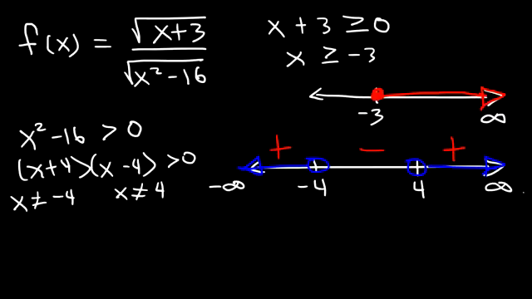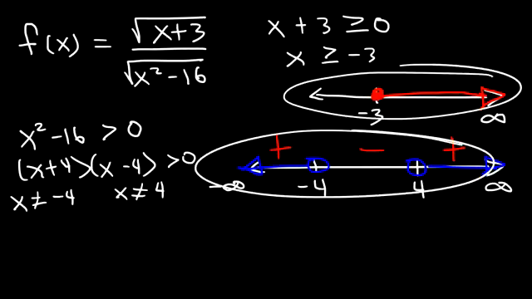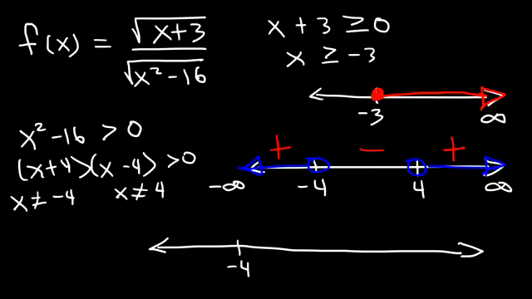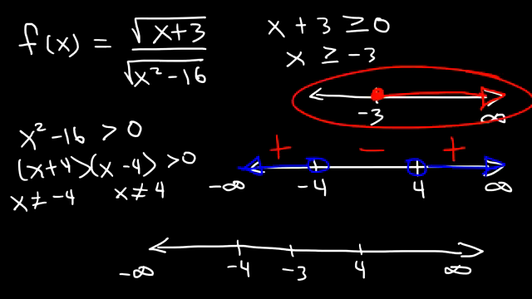So now what we need to do is find the intersection of these two number lines. We've got to find out where it's true for both functions. So I'm going to create a hybrid number line. I'm going to put negative 4, negative 3, 4, and infinity, and negative infinity as well. So looking at the first one, it's not going to work if we have anything that's less than negative 3.